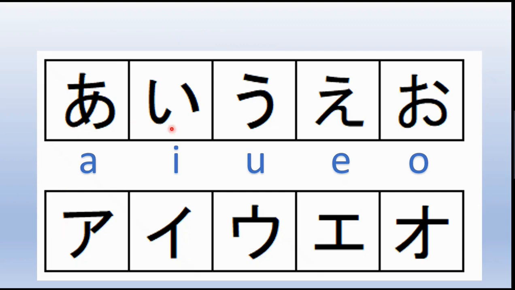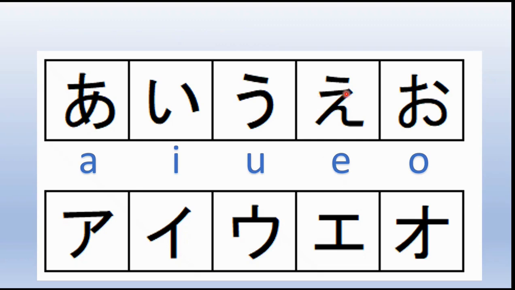For example, you can see especially U, A and O, the symbols are more or less similar, and they have quite a resemblance. This is U in hiragana, and this is U in katakana. You can see there is similarity.